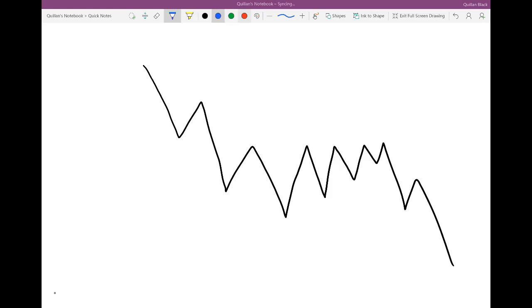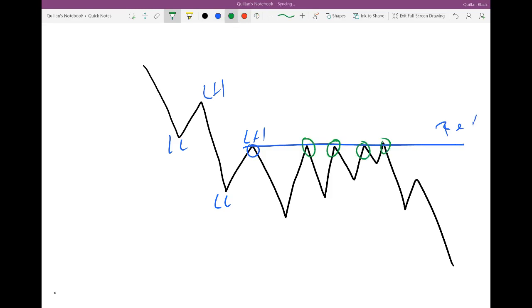In this example, the market itself was making lower highs, lower lows, lower highs. But it made that, and then it made a level of resistance. Okay? When the market actually retested these areas, it made highs.